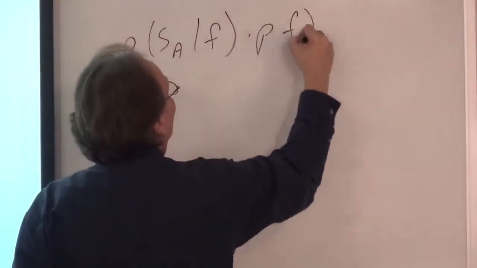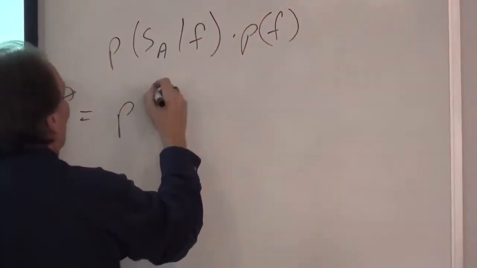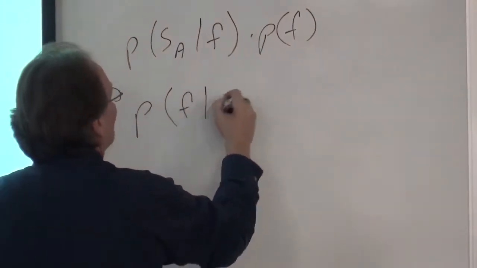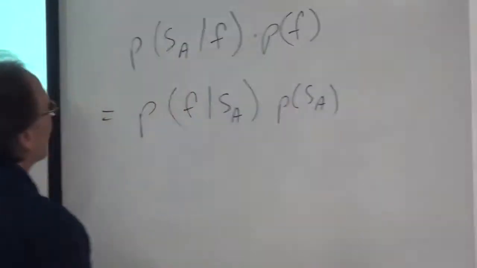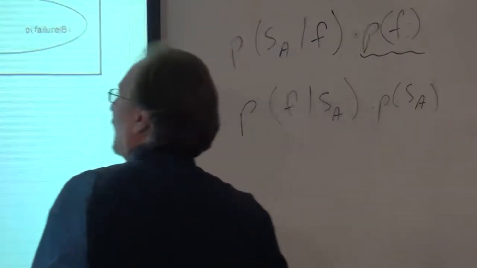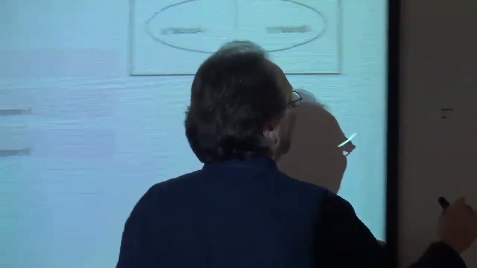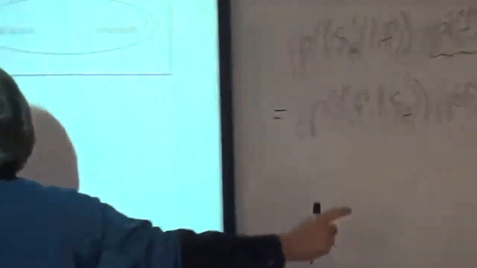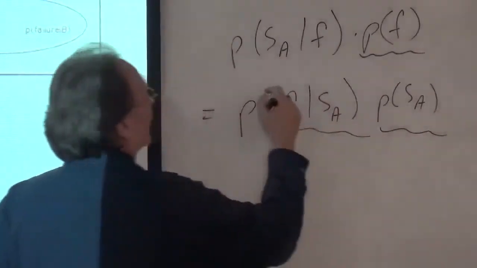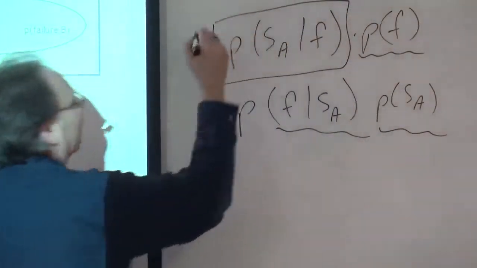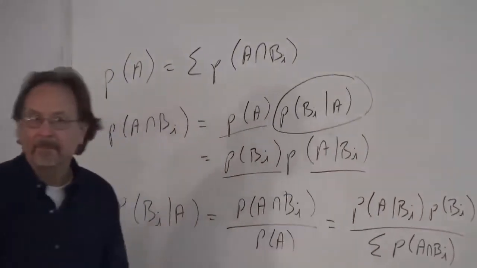The probability of failure is equal to the probability of failure given supplier A times probability of supplier A. Okay, so we've already calculated what the probability of failure is. So we know this one. As far as the probability of failure given supplier A, we know that one. And we know what the probability of supplier A is, so all you need to do is solve for this. And it comes from this relationship right here. Okay?